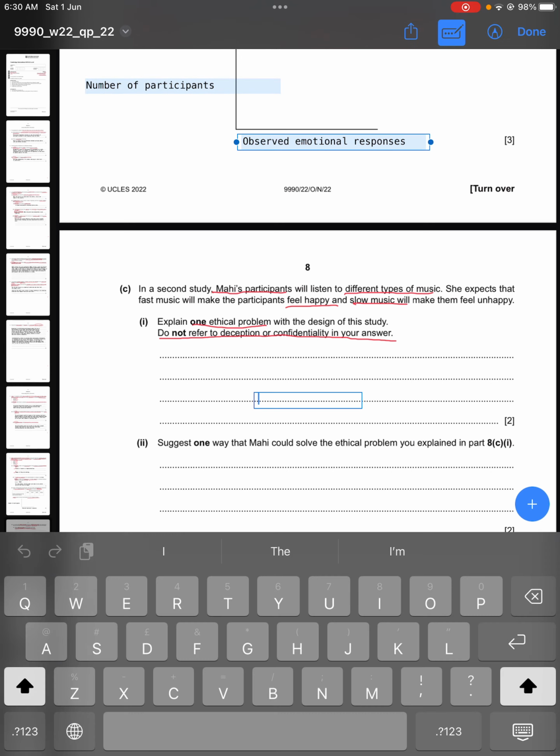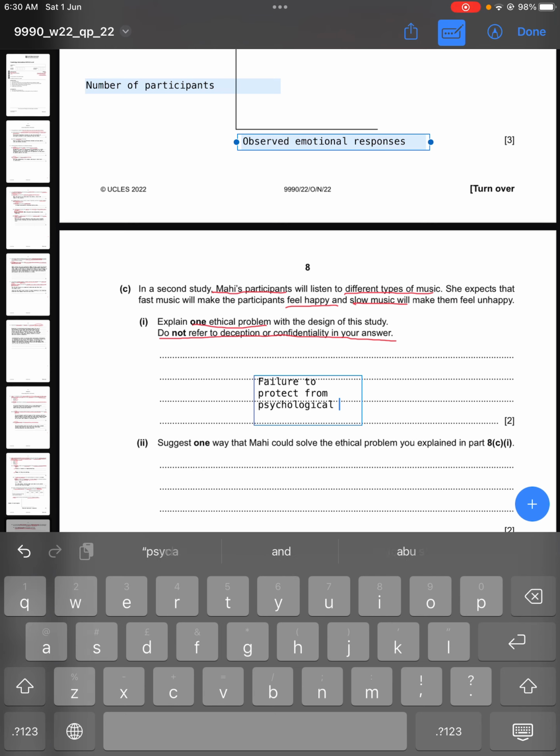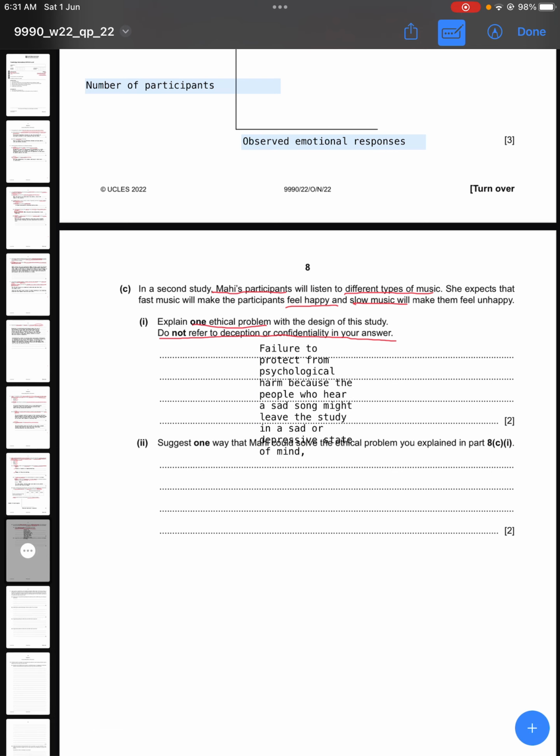Because failure to protect from psychological harm. Why? Because the people who hear a sad song might leave the study in a sad or depressive state of mind.